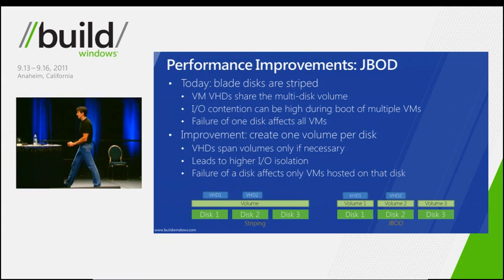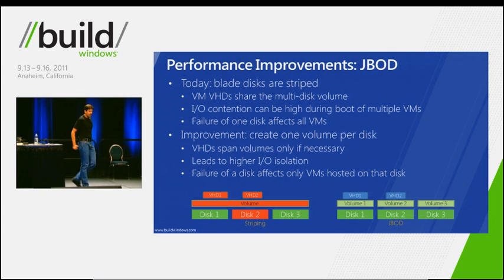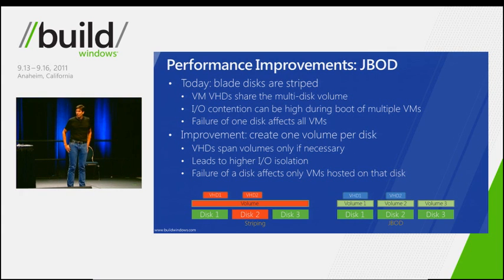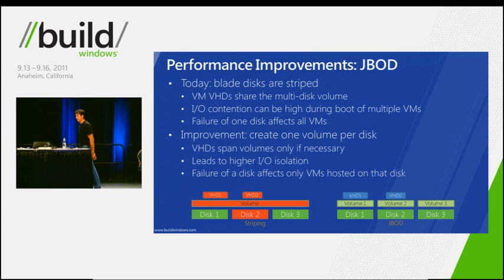The second is, if you get a failure of one of these disks, you've just lost the whole volume and you've lost all the VMs on that blade. Disks, as I'll show you, are the number one most flaky resource in the data center. So disks are going bad all the time. What we want to do is make it so that if a single disk goes bad, not everybody's affected.